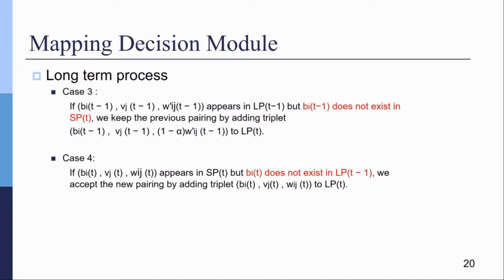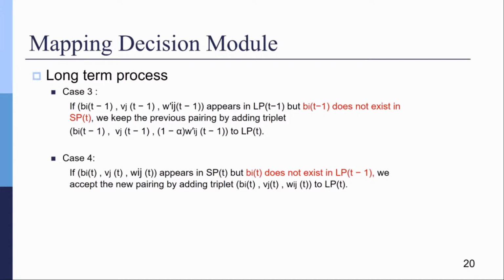This case may occur when the broadcast packet is not received by vehicle X because of interference, or when the vehicle VJ is far from the vehicle X at time T, so they cannot hear each other.